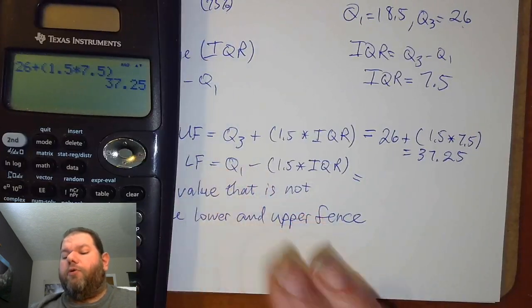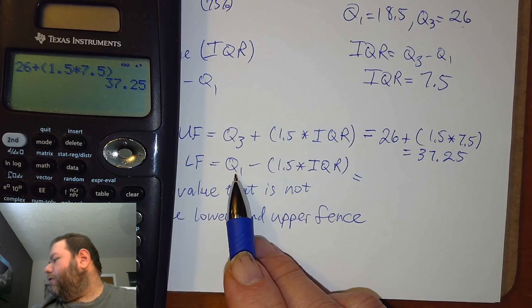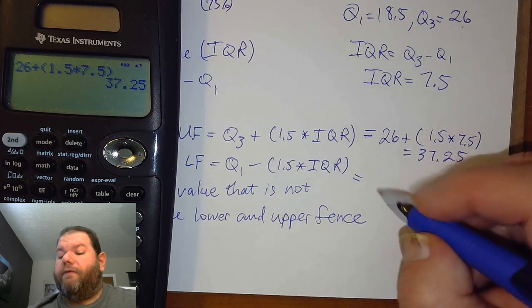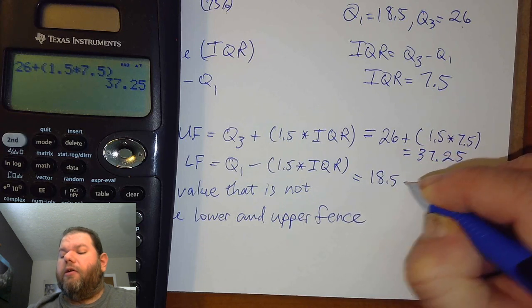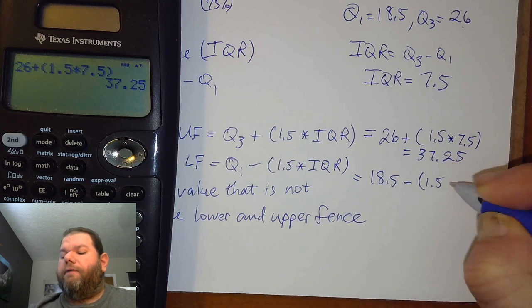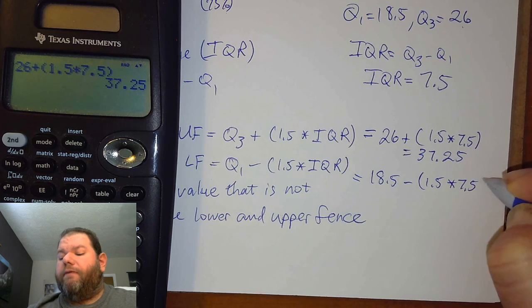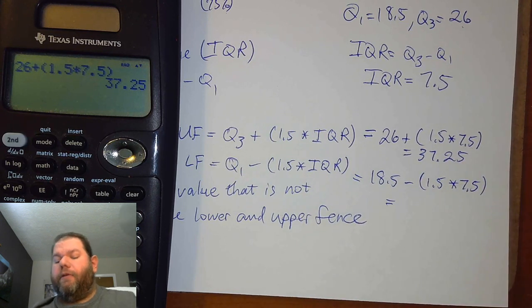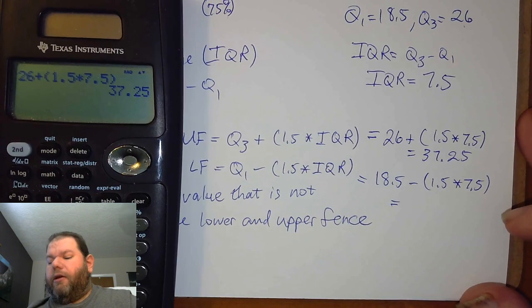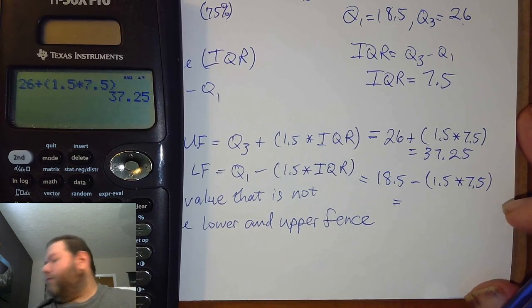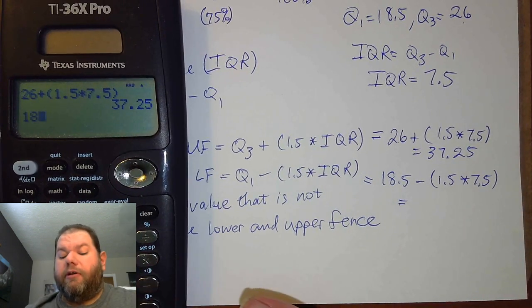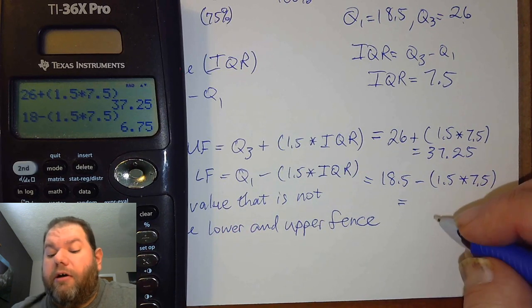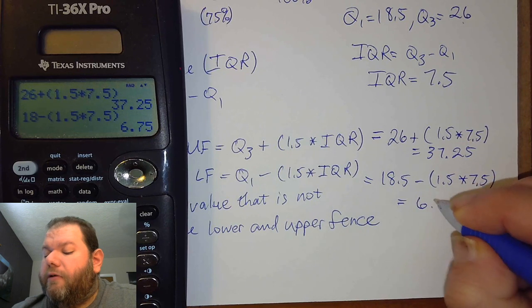Now, our lower fence, we start with Q1, which we said was 18.5, minus 1.5 times IQR, or 7.5. And again, let's put that in the calculator. 18 minus parentheses 1.5 times 7.5, and that gives us a value of 6.75.